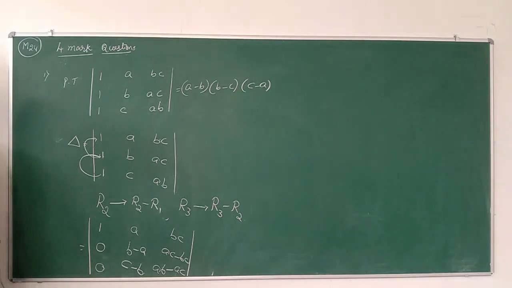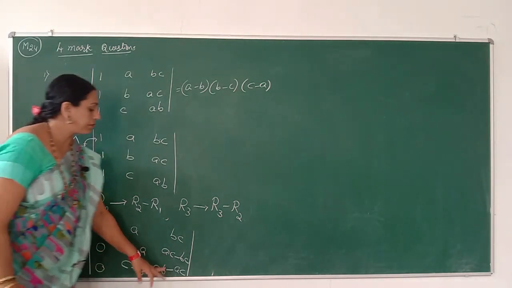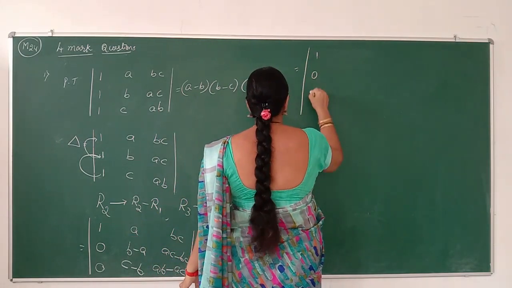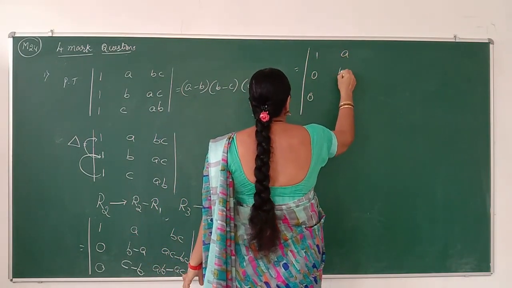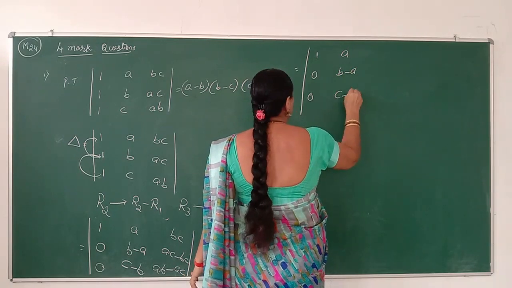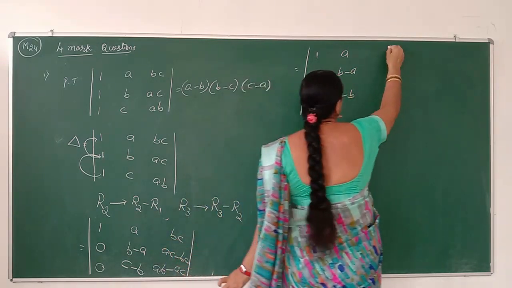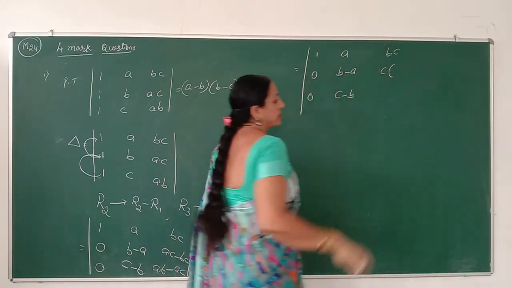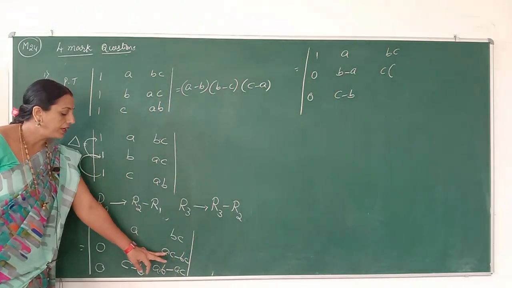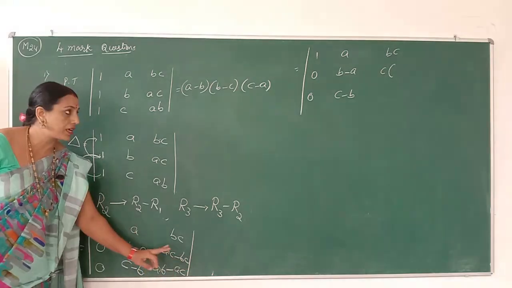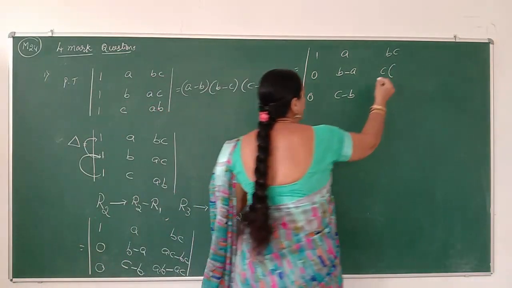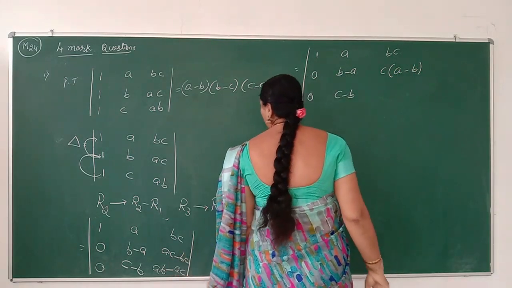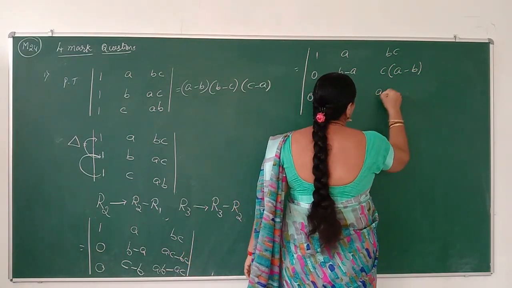After that we simplify the elements of the third column. So we have 1, 0, 0, A, B minus A, C minus B, and in the third column AC minus BC, where C is a common factor, which gives A minus C. Similarly, in AB minus AC, A is a common factor.